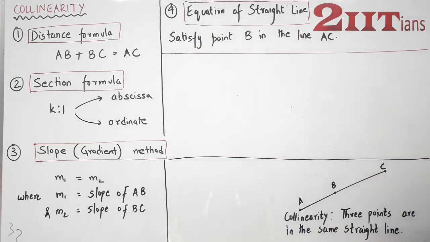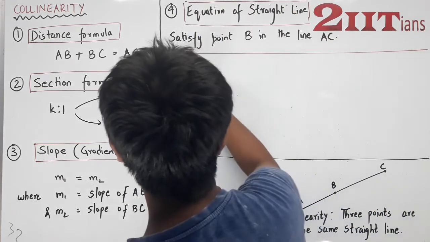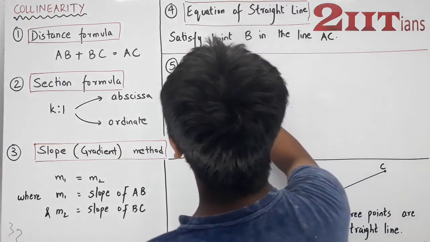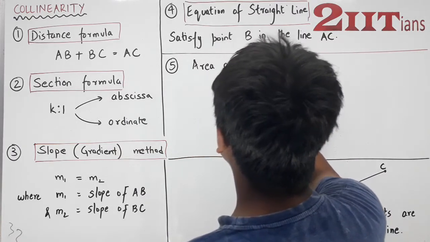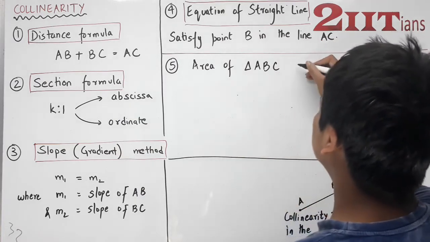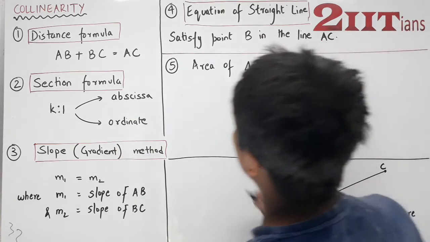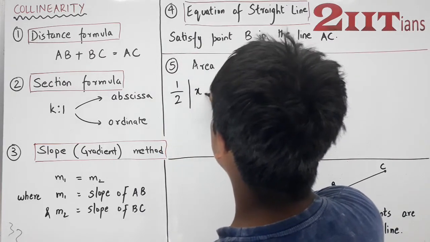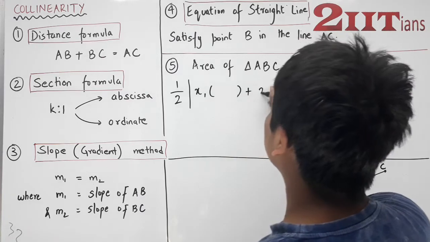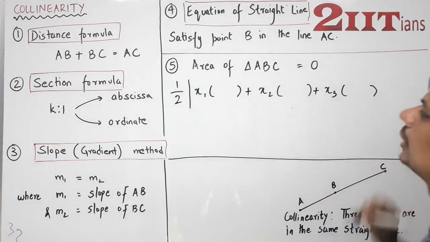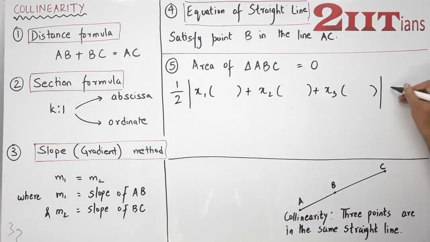And the fifth one is not very interesting. Here we have to learn a very big formula. Area of triangle ABC, we will have to prove 0. What is the formula? Half modulus of x1 bracket x2 bracket x3 bracket, and this all should come to 0.